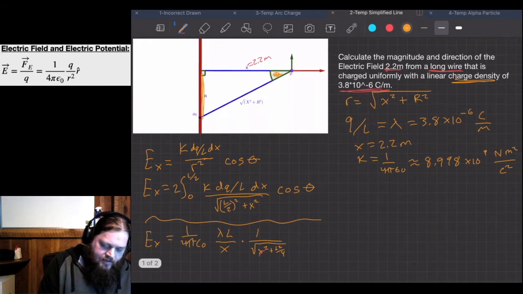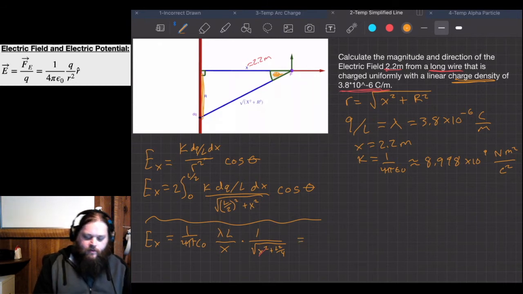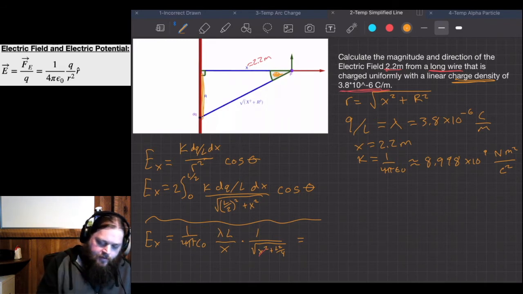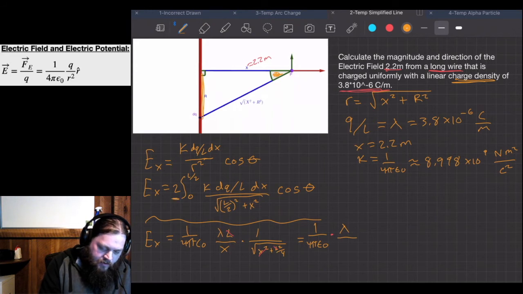And that lets us take the square root of that L squared over 4, making it just L over 2. That 2 is going to pop up to the top, so we're going to end up with 1 over 4 pi epsilon naught, and the L's are going to cancel out when it's all done. So times lambda over, and there should be a 2 in there because I left my 2 out here, didn't I?